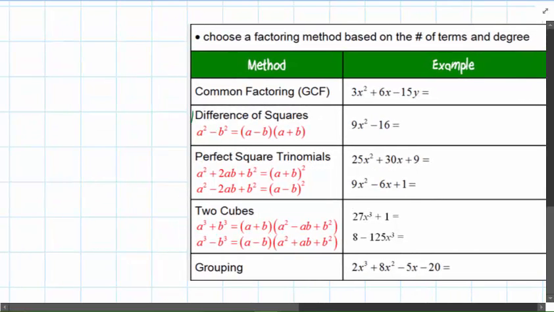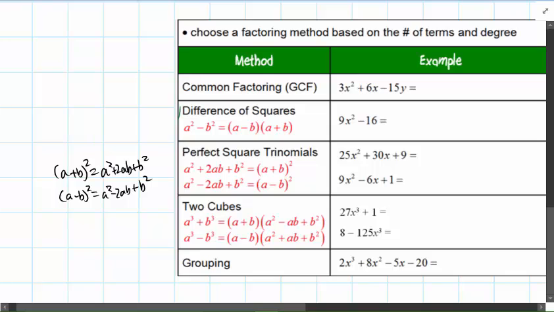I would memorize it as (a plus b) squared equals a squared plus 2ab plus b squared, and (a minus b) squared equals a squared minus 2ab plus b squared. I would memorize it like this instead of working on x, because many times you have to expand it, and expanding it I think it develops more.